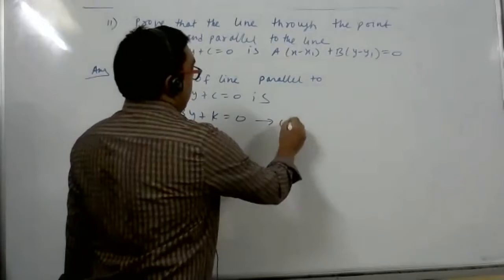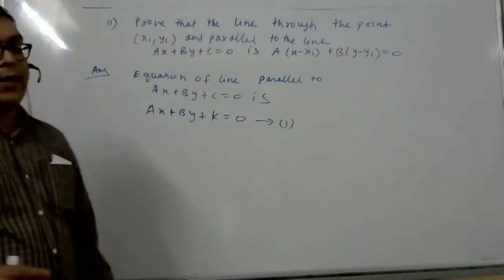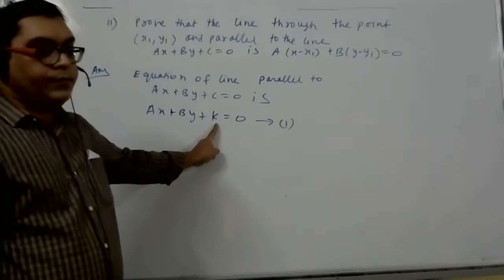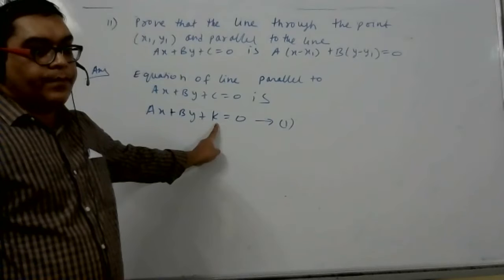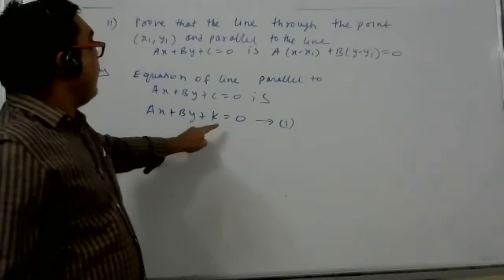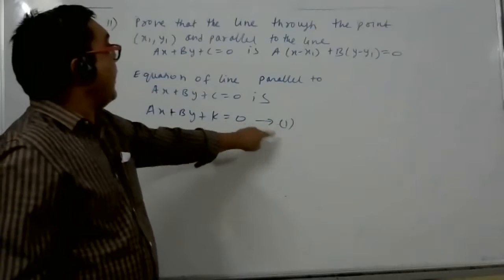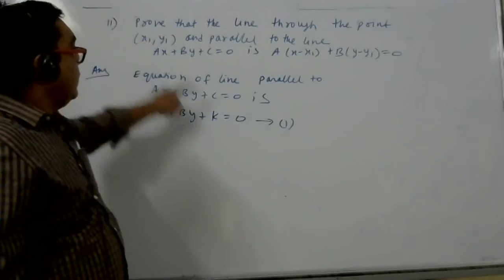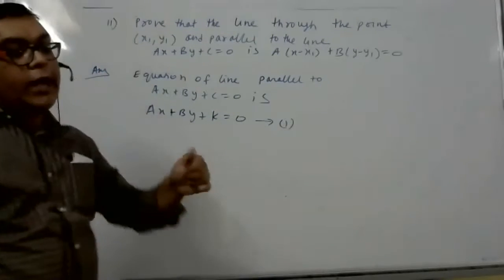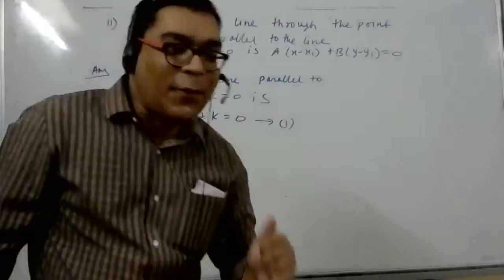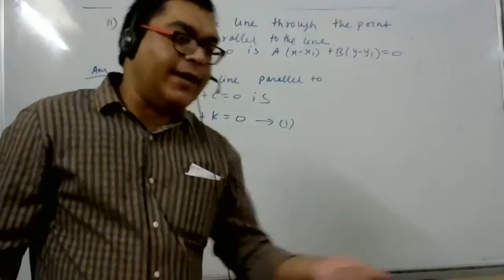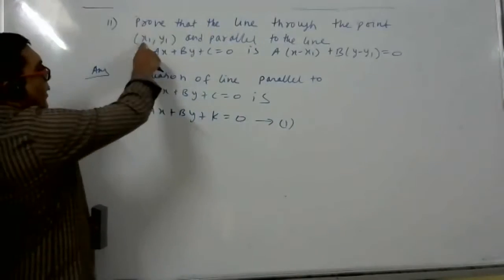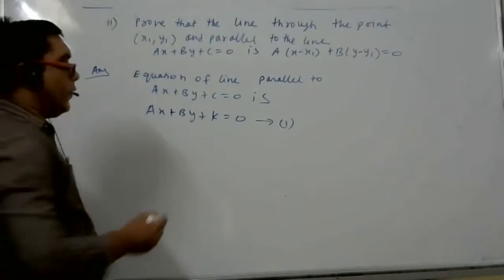Now, student, what is our task now? To find the value of k. For that, they gave one help. The new line passes through which point? x1, y1. All the points which lie on a curve will satisfy its equation. So this point lies on the line, so it will satisfy its equation.